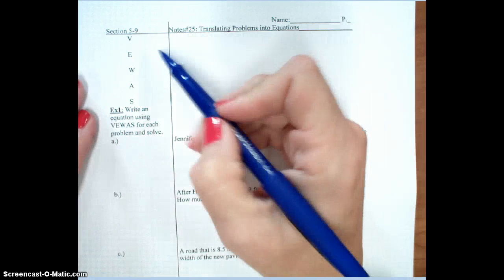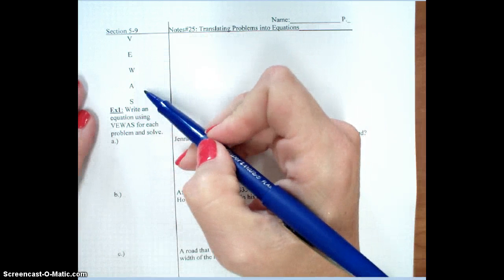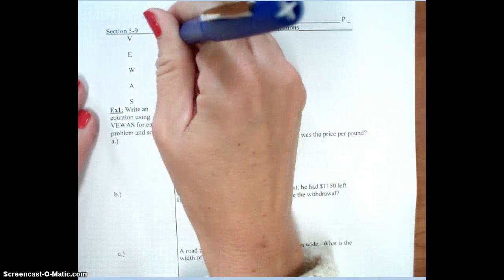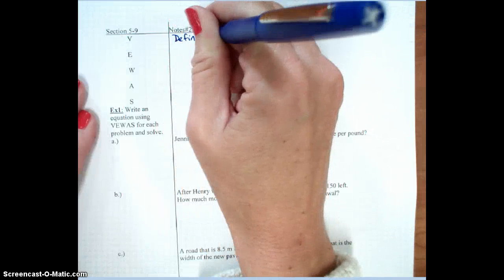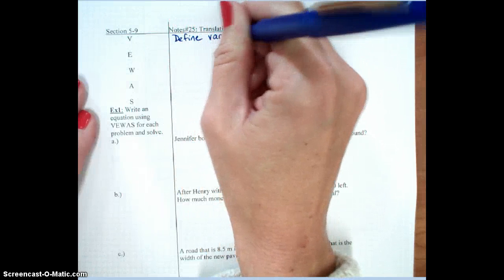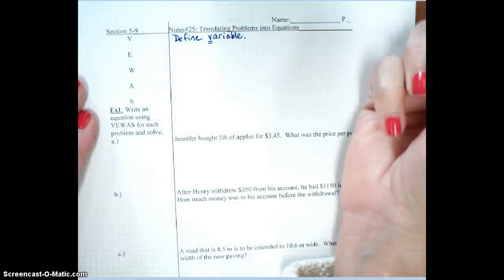So we just call it VEWAS, and the V stands for variable. So the first thing you want to do is define a variable. And the variable is going to represent what it is that the question is asking for. That way you know that when you solve your equation, you actually have what the question was asking for.